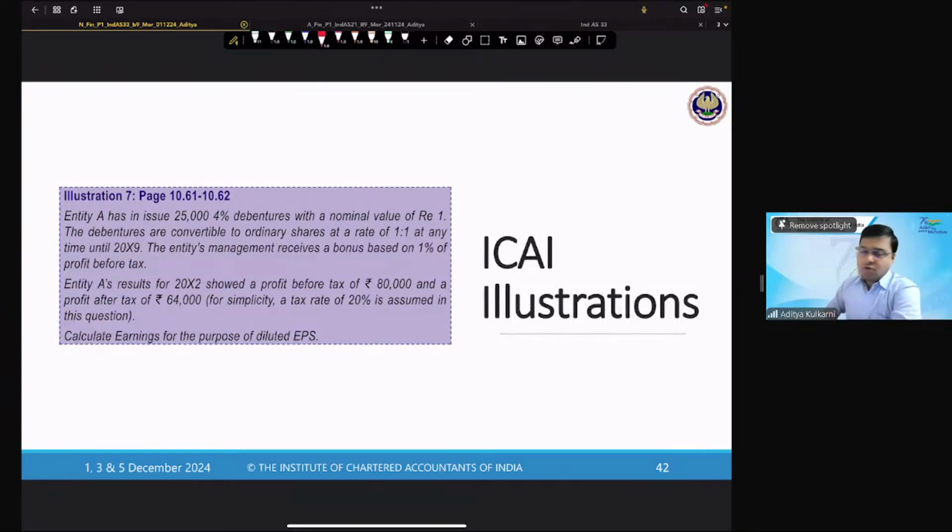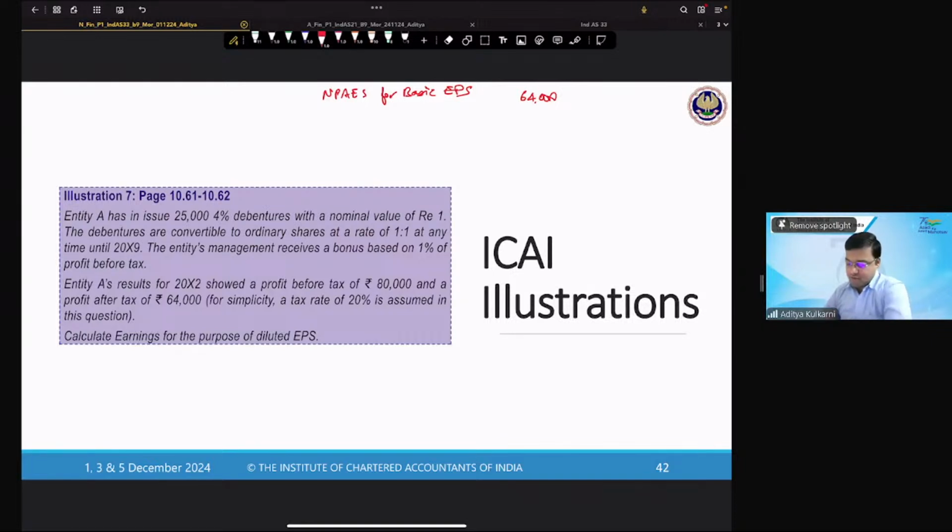Okay, so now we have to start with 64,000, which is my net profit attributable to equity shareholders for basic EPS. Do you agree with this? Yes, fair enough.